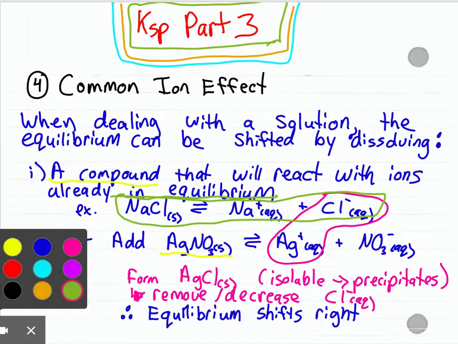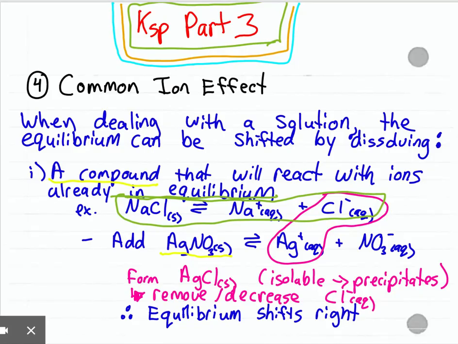Remember, the equilibrium is the sodium chloride equilibrium here. So if the chloride ions get removed by forming a precipitate with the silver ions, the equilibrium is going to shift right to try to counteract that stressor to the system.